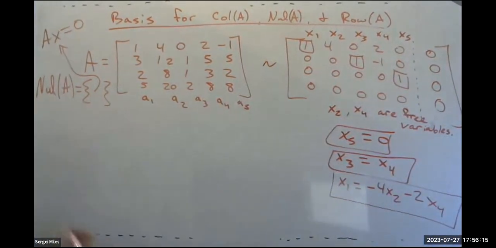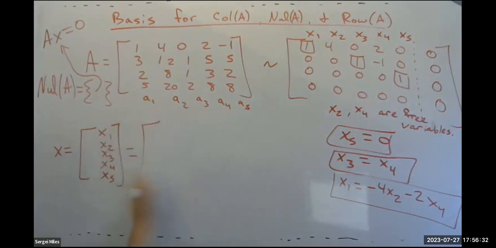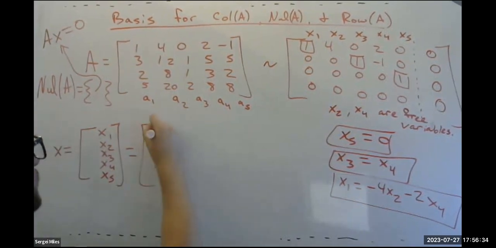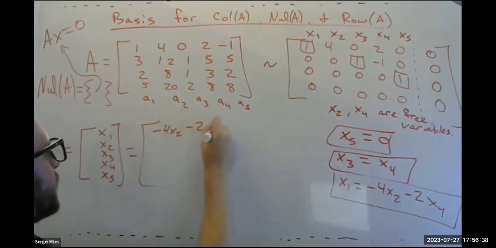I can now construct what x looks like. x is a vector with 5 entries because there are 5 columns. What's x1? Well, it's this equation: -4 x2 minus 2 x4.